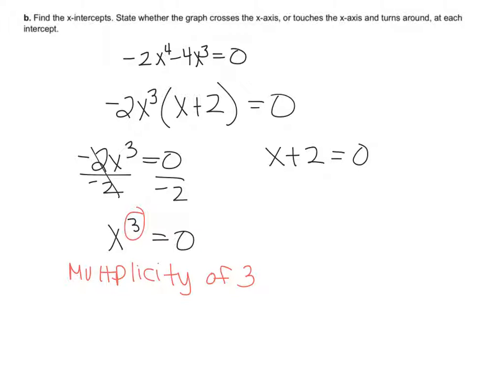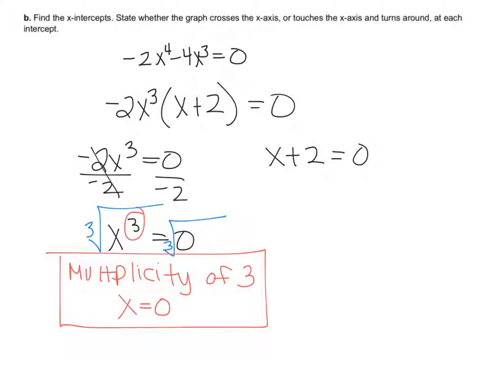When I take the cube root of each side, the cube root of 0 is just 0, so x equals 0, and it has a multiplicity of 3. And then with x plus 2 equals 0, I'll subtract 2 on both sides, and I get x equals negative 2, and that has a multiplicity of 1.